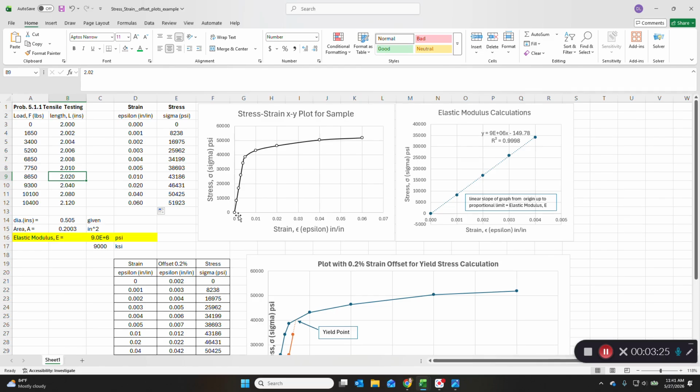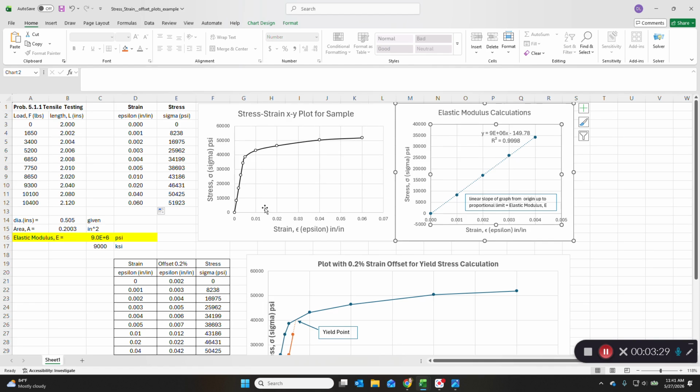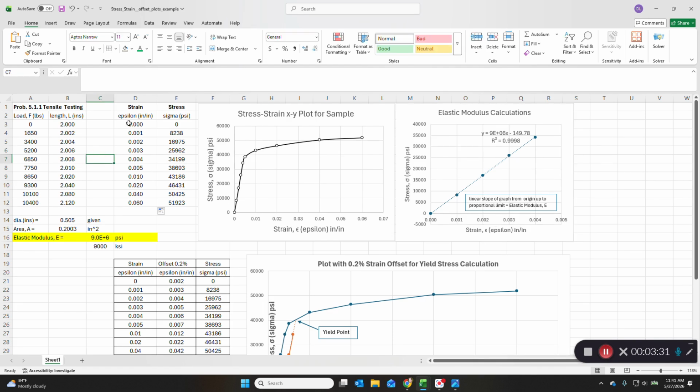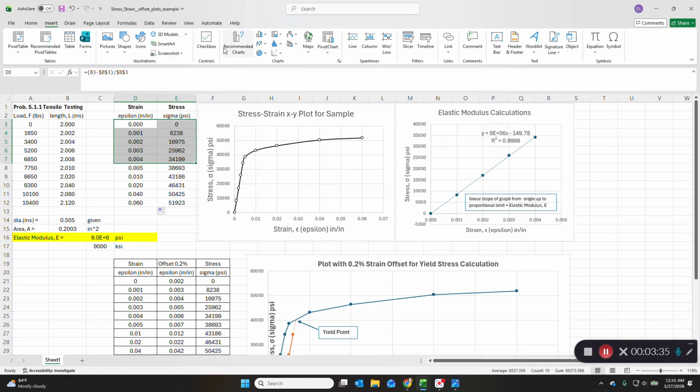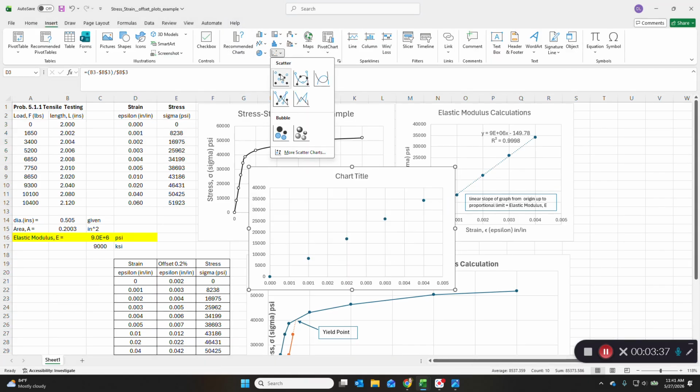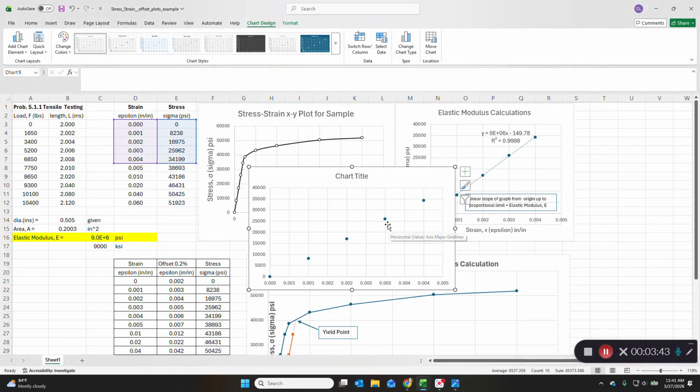We're going to separately plot the first 5 data points only here, and that can be done by simply highlighting the first 5, inserting a new scatter chart with a line connecting, if you know. But I wouldn't do the line, I would just do the data points, and then from the data points you would add a trend line.